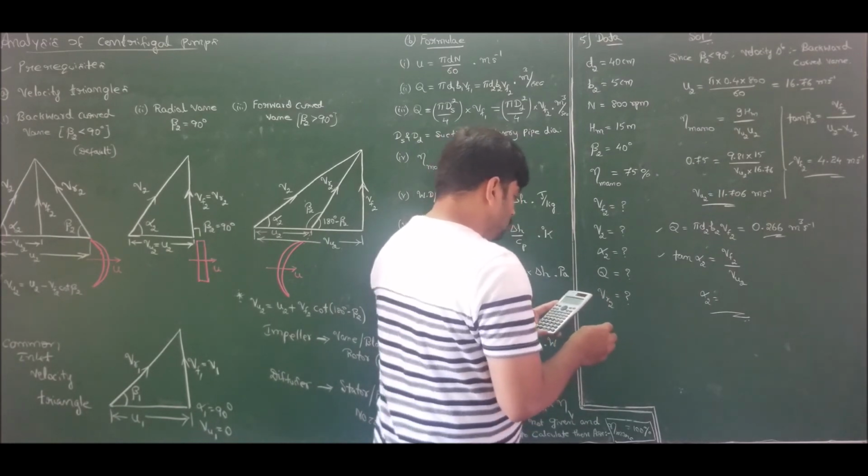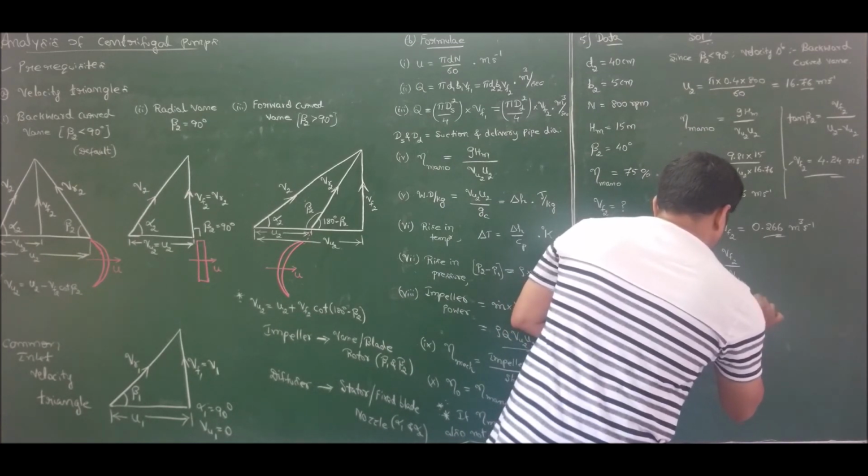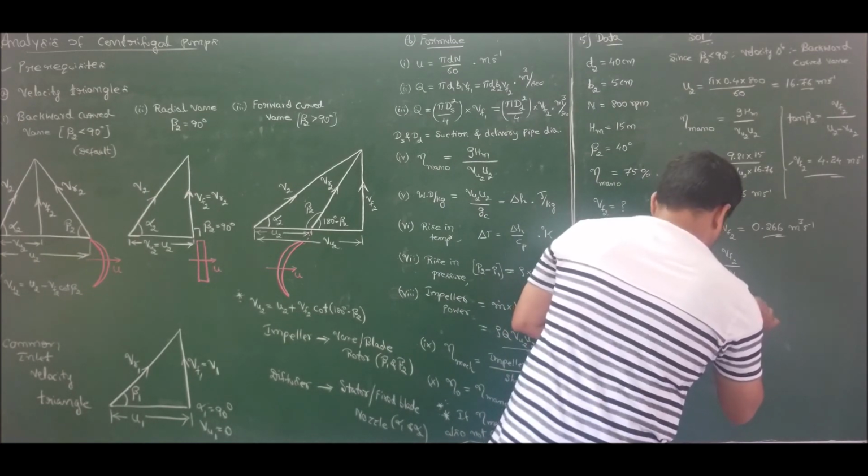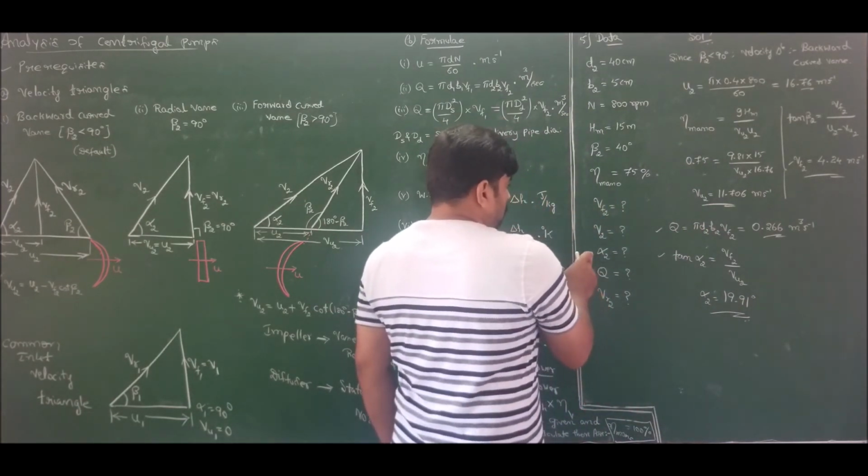Hence, alpha 2 is 19.91 degrees. So I have found out alpha 2 also.